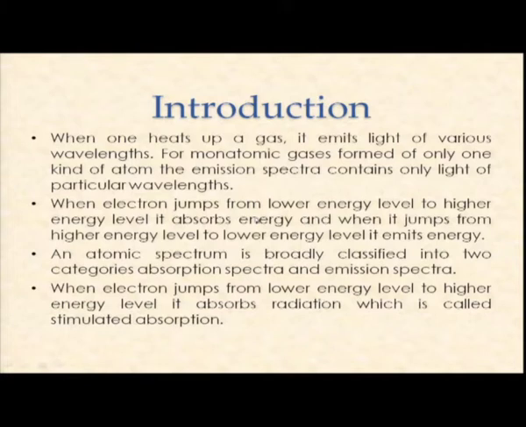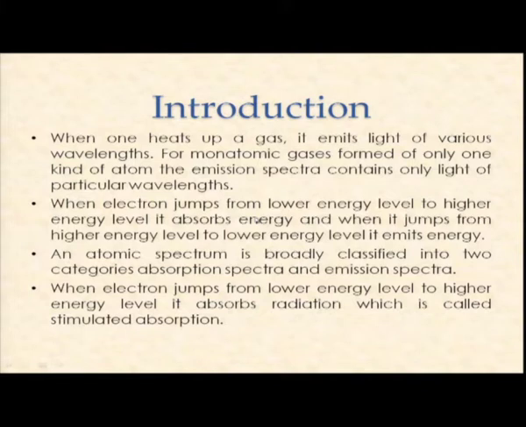In the electromagnetic spectrum, there are many types of radiation, starting from radio waves to gamma rays. For monoatomic gases formed of only one kind of atom, the emission spectrum contains only light of particular wavelengths. We can't see all wavelengths in the emission process when we heat up a monoatomic gas.